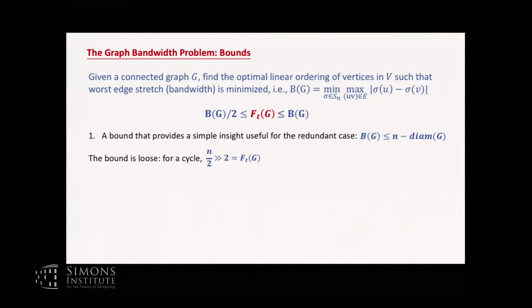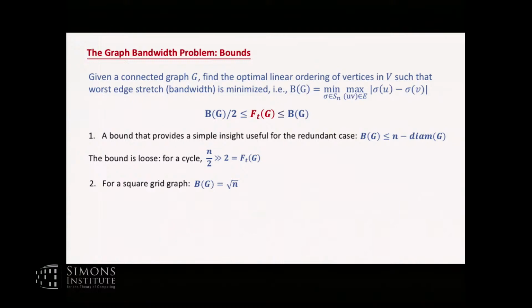Why? Because a large diameter means the chunks are already naturally not very nicely connected in the graph, so it shouldn't be too hard to find a linear ordering so that you don't expand too much. So this bound is horrible, especially for cycles, but it gives you a good idea. Increase the diameter of the graph, you will decrease the bandwidth, at least as an upper bound.